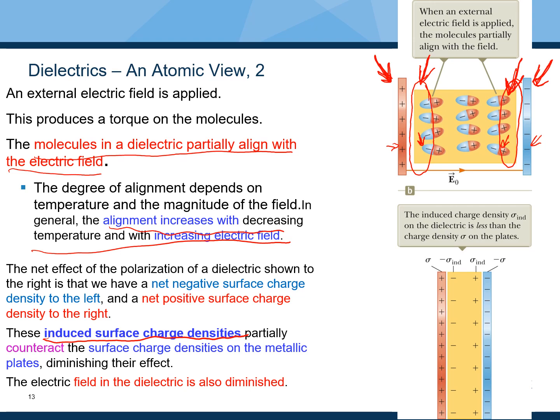So we see a situation that can be modeled by the lower panel, where you have a plus sigma surface charge density on the external metallic positive plate, and you have a minus sigma amount of surface charge density on the external metallic negative plate. And now imagine that the yellow slab of dielectric has been placed between the two plates. In that case, we have an induced charge that is positive at the right boundary of this dielectric, and we have an induced charge that is negative on the left boundary of this dielectric.